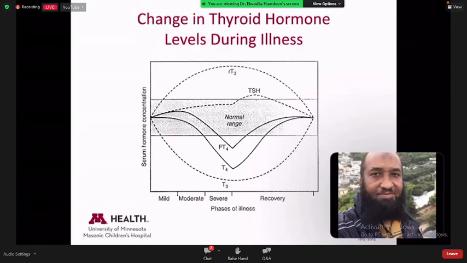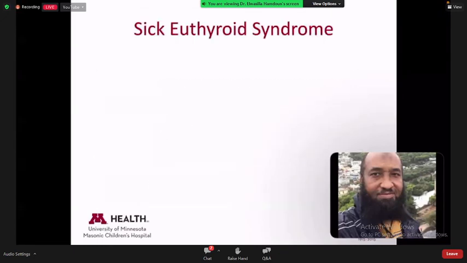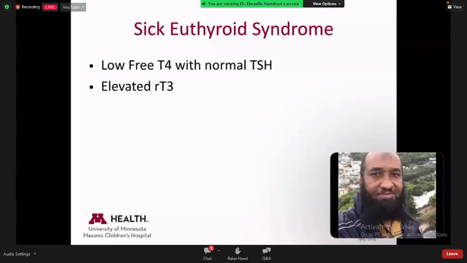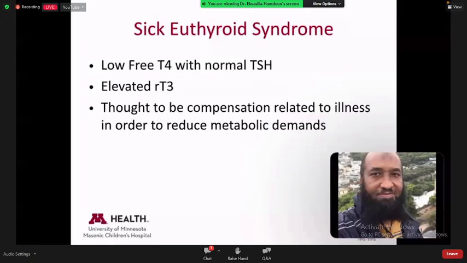The gland is okay, it's just the illness; the body is trying to adjust and adapt. Low free T4, normal TSH. In a critically sick child in the ICU or with other illness, think about sick euthyroid syndrome. Elevation of the reverse T3, as I mentioned, is compensatory, and some people think it doesn't need to be treated, just leave it alone.